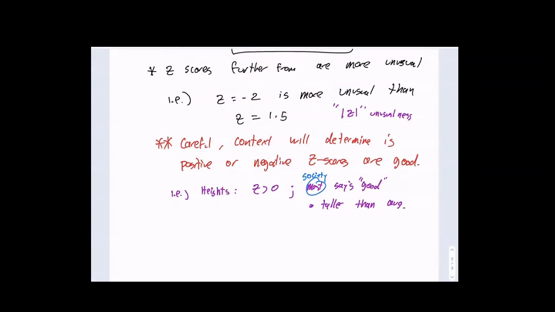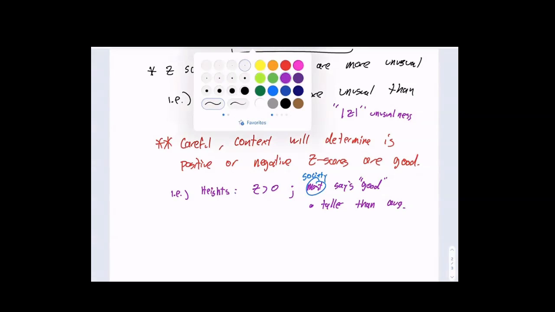That's why I said it depends on people, because everyone's opinion is different. Yeah, but you have to tell me that part. So you have to tell me that it's society or that tall is good. All right, that's what I'm trying to say. You can't leave open that unknown.